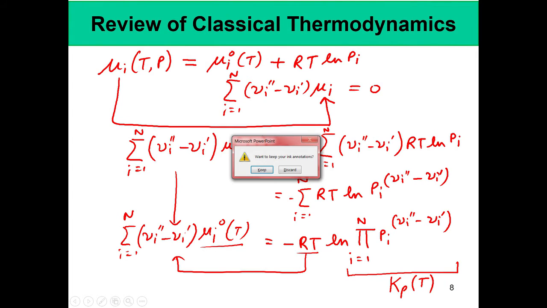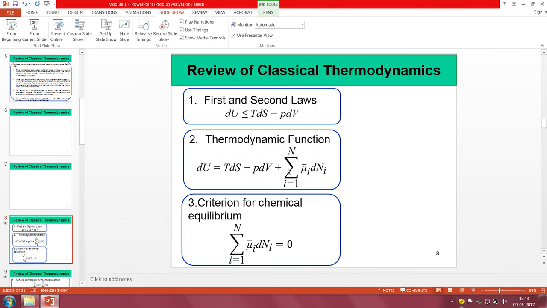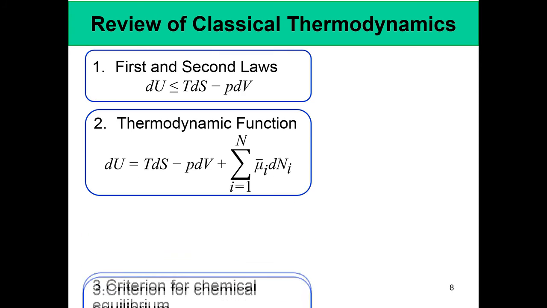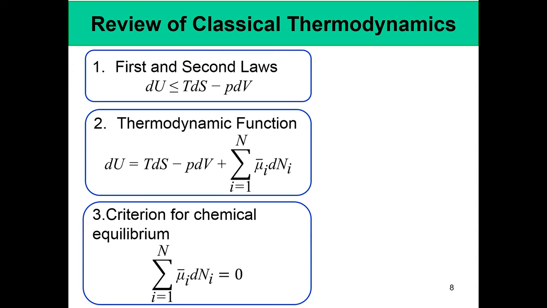What we have obtained is this thermodynamic function, this criteria for chemical equilibrium. Here the overbar essentially represents when it is in terms of moles, which we have also used.